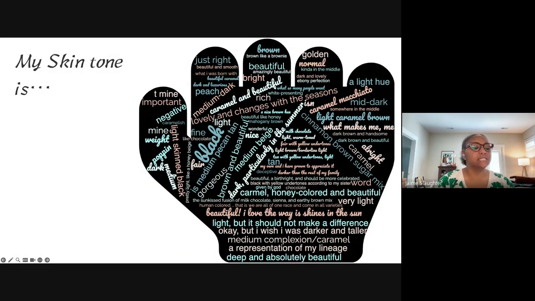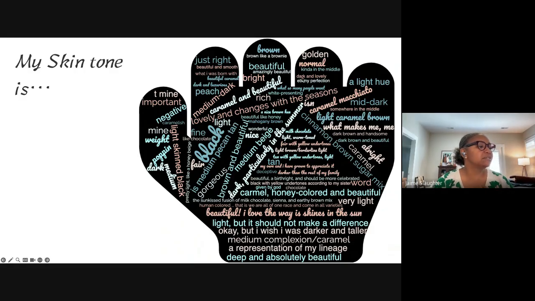And what you'll see is that there's a varying array of responses where some people just treat their response as just a color, right? So we have tan or, let's see, a light hue, mid-dark, right? But then we also have people who are ascribing some social meaning to their skin tone, right?